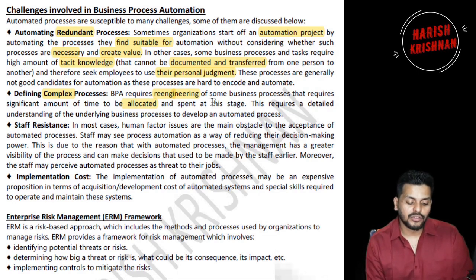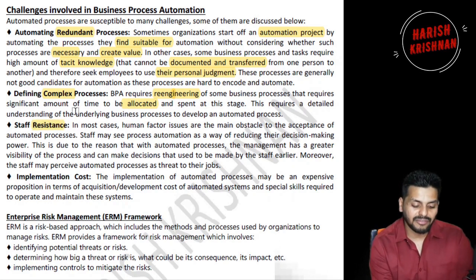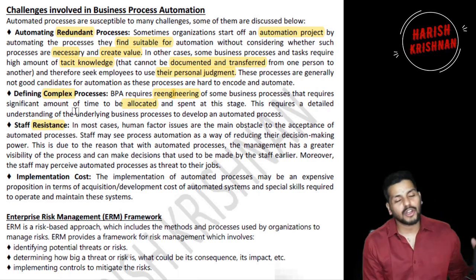Then talk about staff resistance. In most cases, human factor issues are the main obstacle. Not every time the staff is very cooperative, saying okay, you're going for automation, do it.